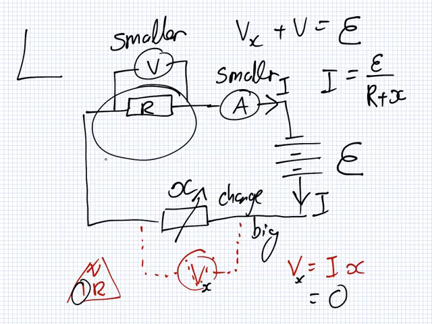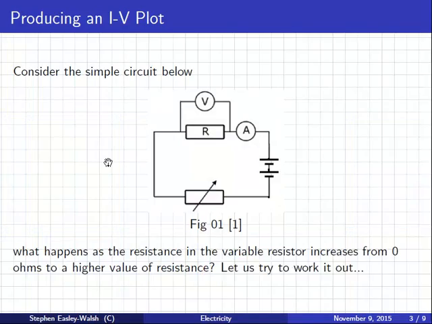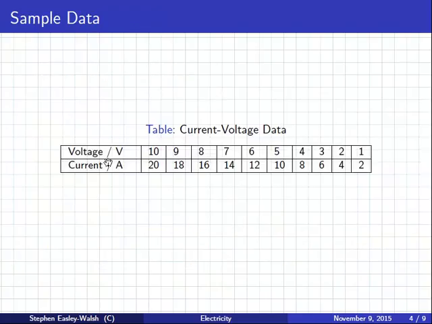Let's have a look. So what we'll have here is that when the voltage is big, for example, the current is big because they move together. And when the voltage is small, the current will be small. And often we really want to know what graph this will make. So let's plot this data.